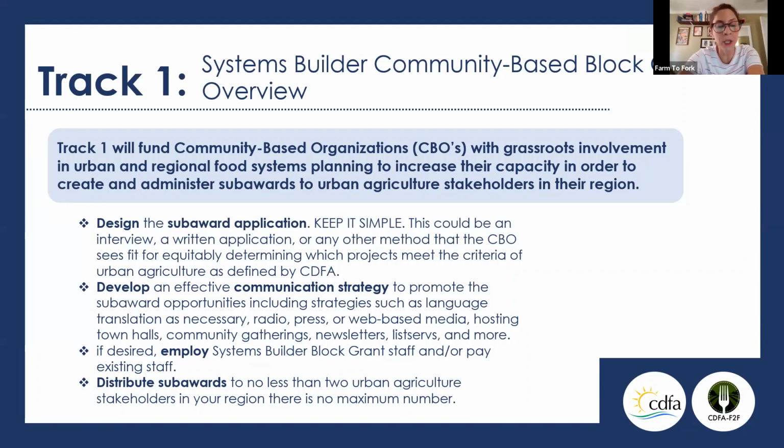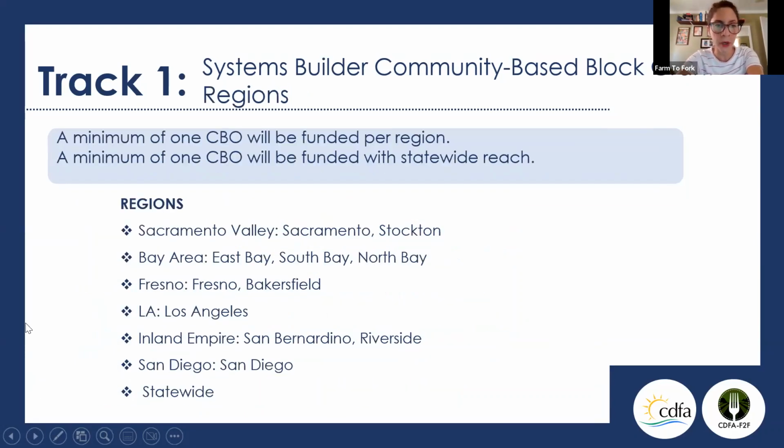Funding can also help to employ staff to build and develop the systems builder block grant model. And then, of course, organizations will then distribute sub-awards to no less than 2 urban agriculture stakeholders in their region, but there is no maximum number.